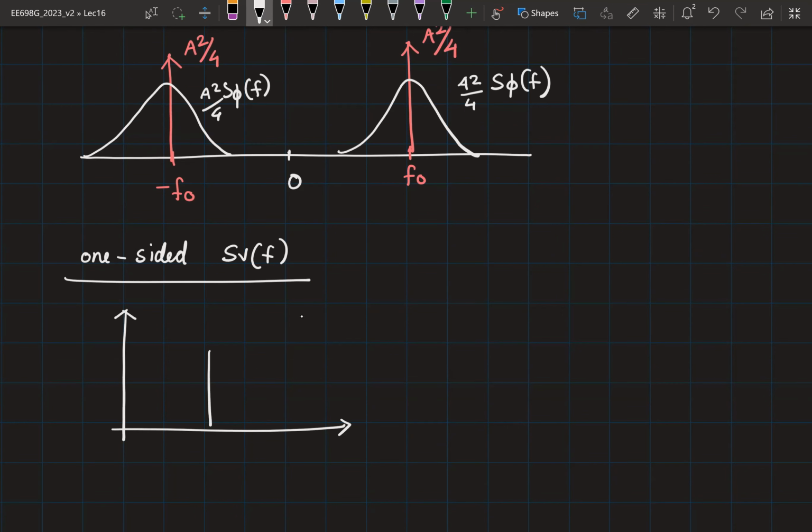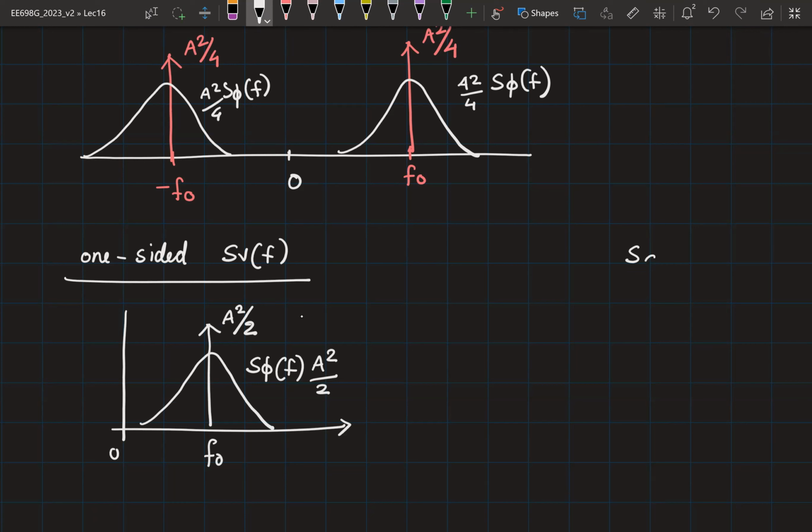So at f naught, I will have the impulse of A square by 2. So I shouldn't mark the arrow here. Right? And I'll have the skirt of value S phi of f into A square by 2. This is okay.